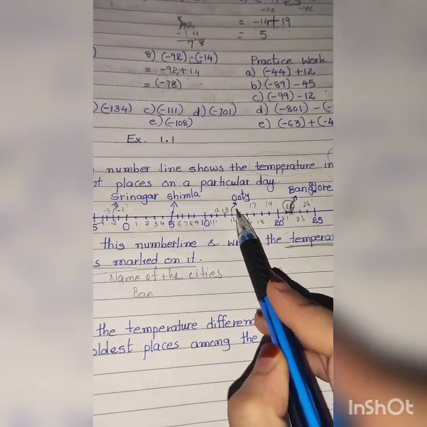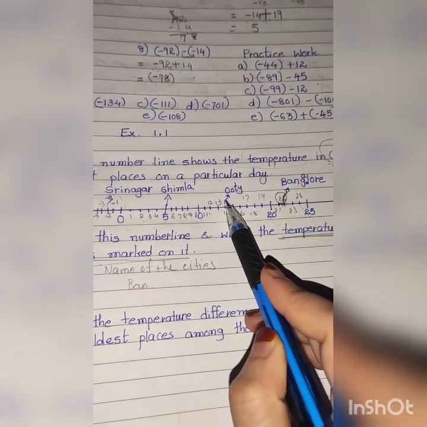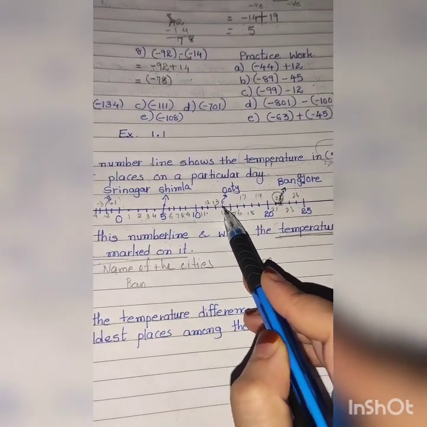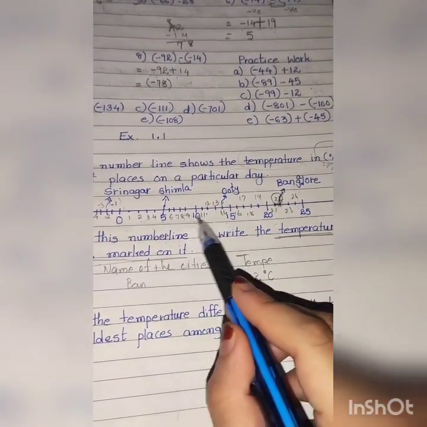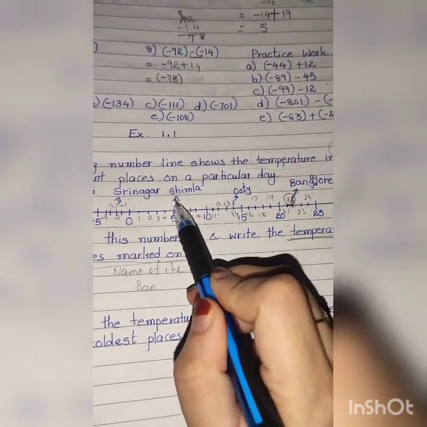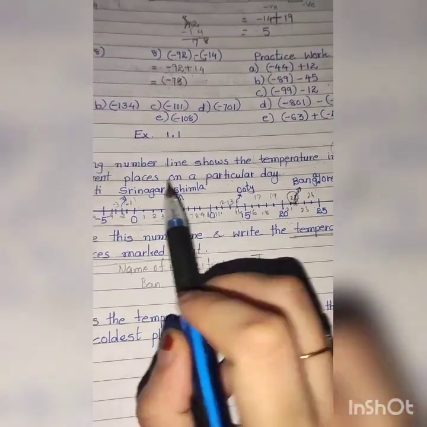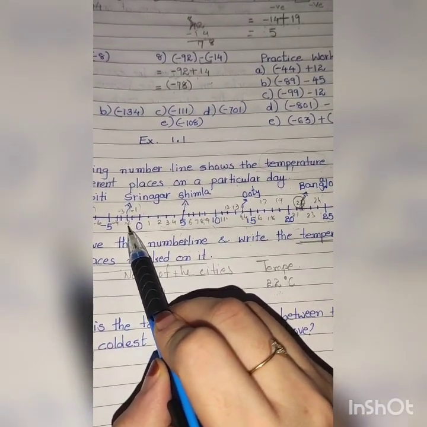In the same way for Ooty, what's the temperature? Just follow this arrow. It is 14. So 14 degrees, and all these numbers are positive. Okay. Then Shimla. Follow this arrow, that is 5. Srinagar, follow it. This is minus 2 degrees Celsius.